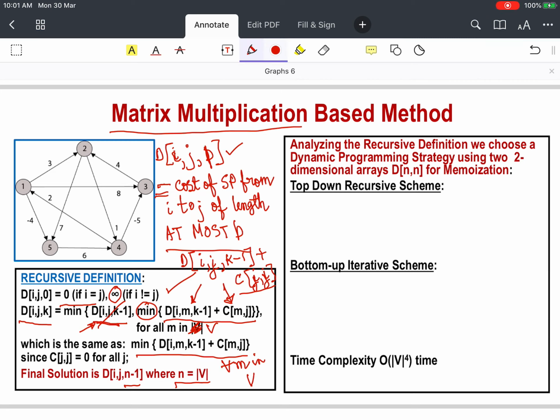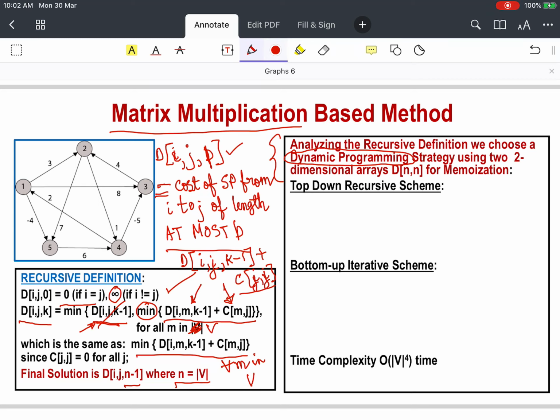Now once we look at this definition, we see that if we open up the recursion, this is like a very standard dynamic programming problem where there will be multiple identical subproblems, and therefore the recursive definition will lead us to a very classical dynamic programming strategy. And we have discussed how to convert a recursive definition to a dynamic programming strategy.